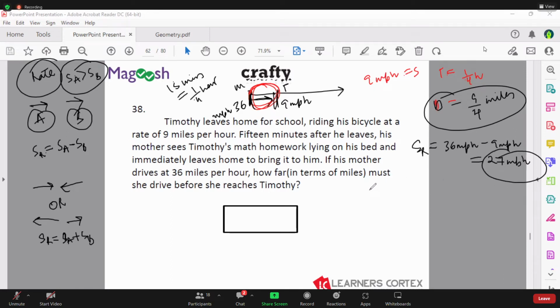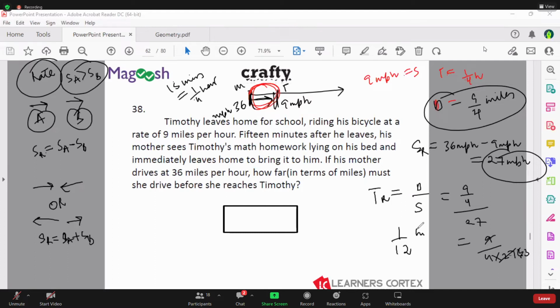So the time taken to cover this would be distance over speed. Here it was 9 by 4 over 27, which becomes 9 by 4 times 27, or 1/12 of an hour.